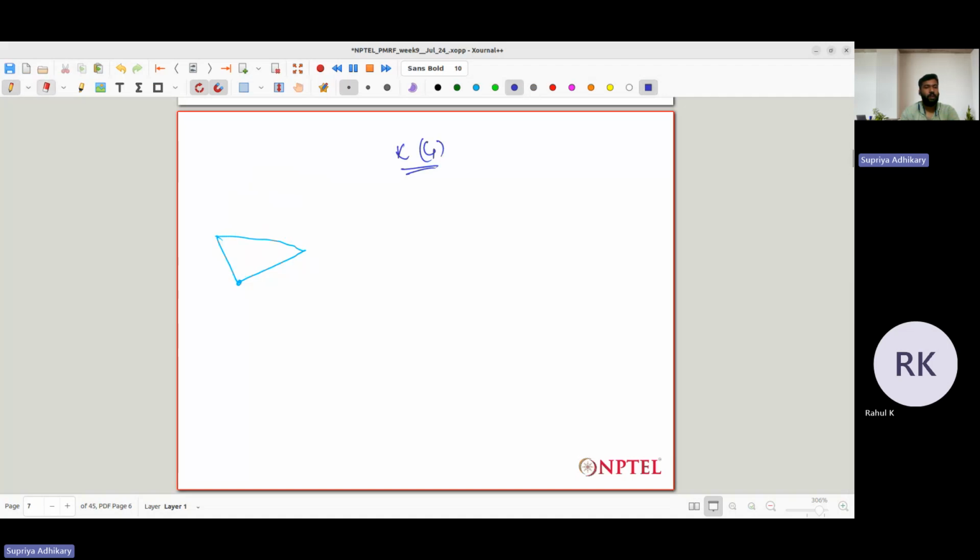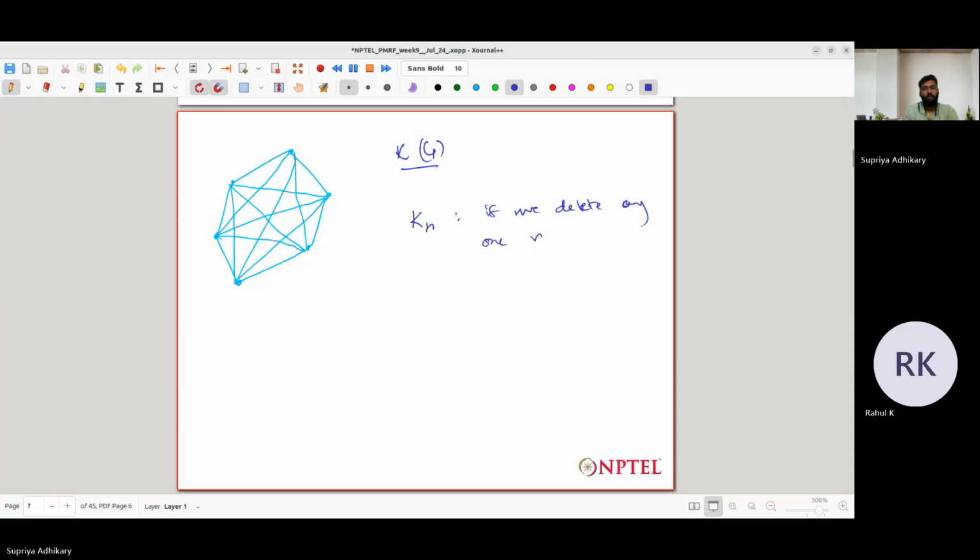So deleting one vertex from Kn, if we delete any one vertex, then that will actually give us Kn minus 1.